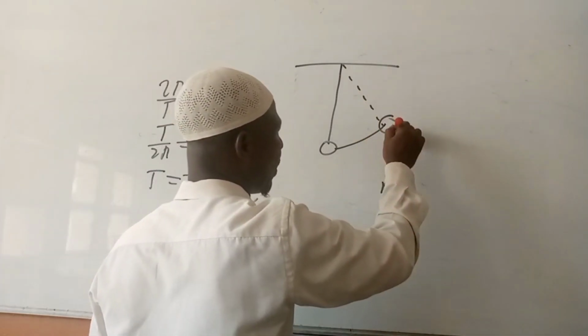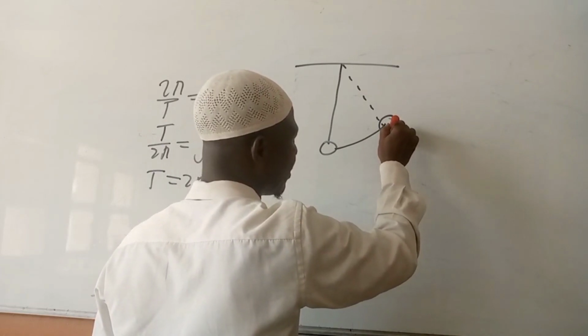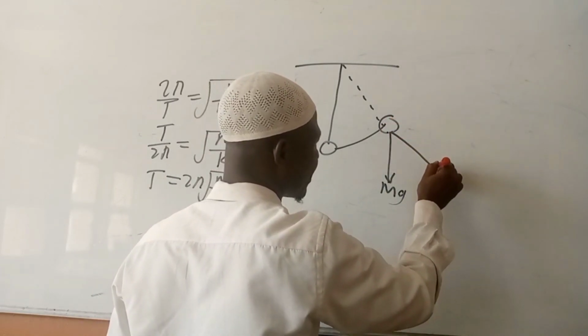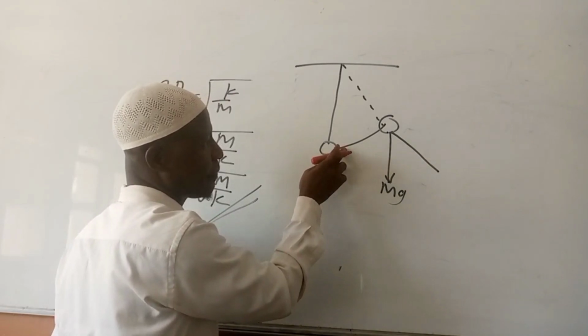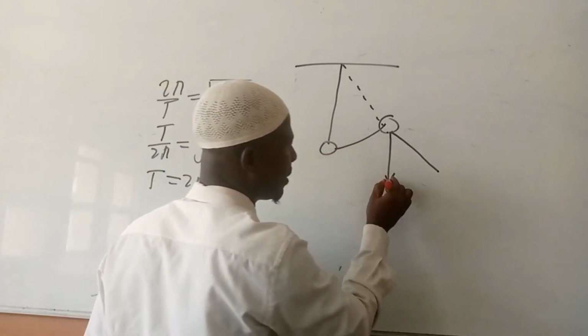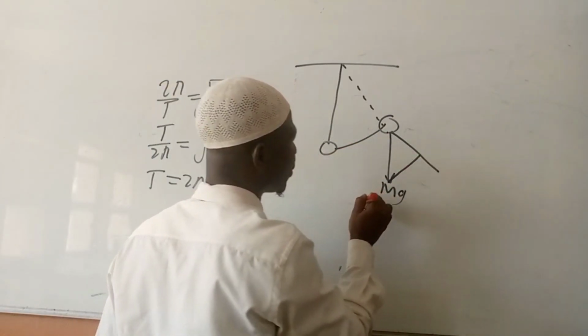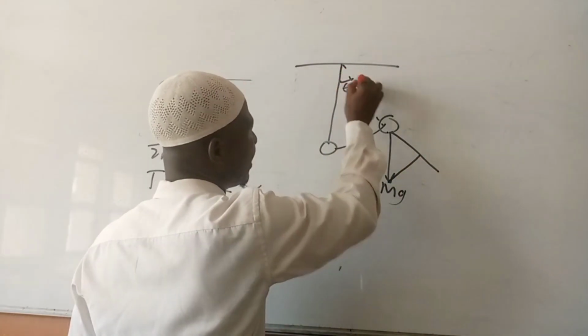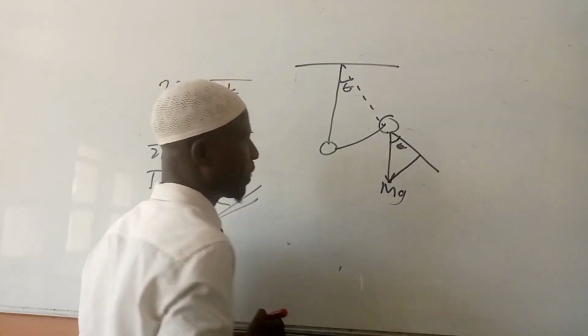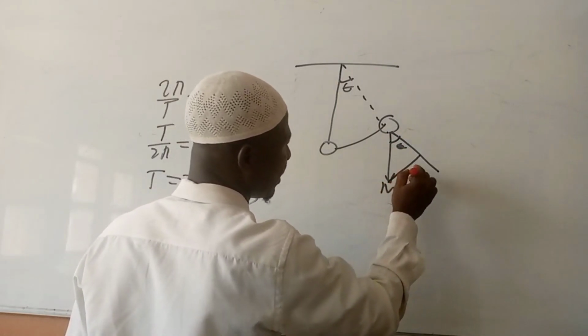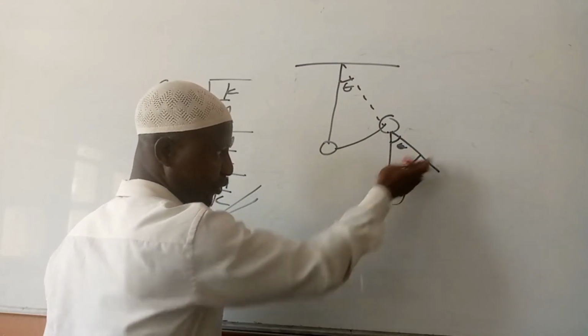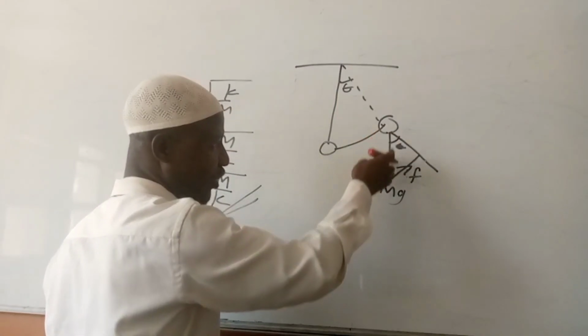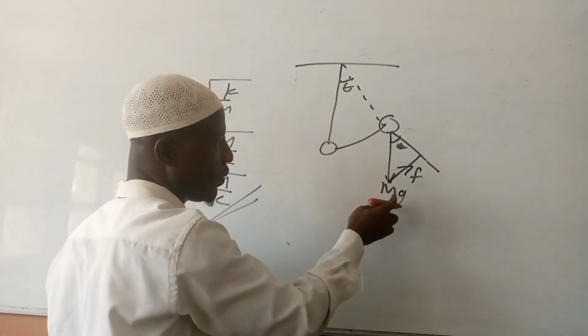Then this one, the reaction, like this. Then you draw a line parallel to this, so that we have theta here. This is theta. Then this one is our F, the force we apply. Then this is the weight of the object, this bob.